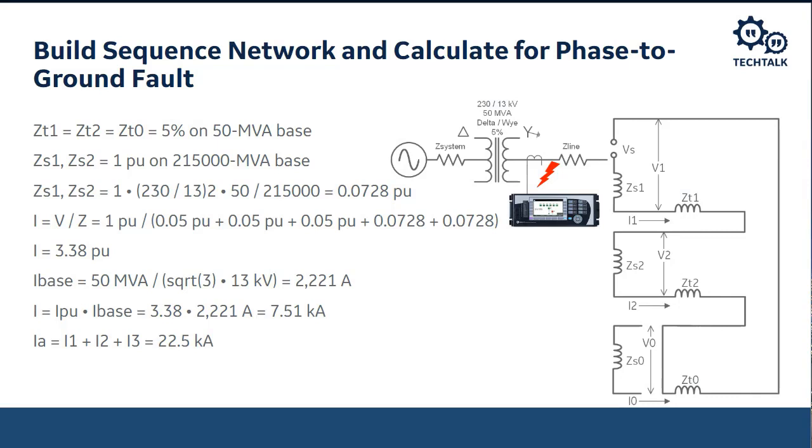Our base quantity is that same 2,221 amps that we've been dealing with all along for a 50 MVA transformer. So we can multiply that current of 3.38 times that base quantity, and our fault current is 7.51 kA. We sum all three of those, and our fault current for this phase to ground fault is 22.5 kA.